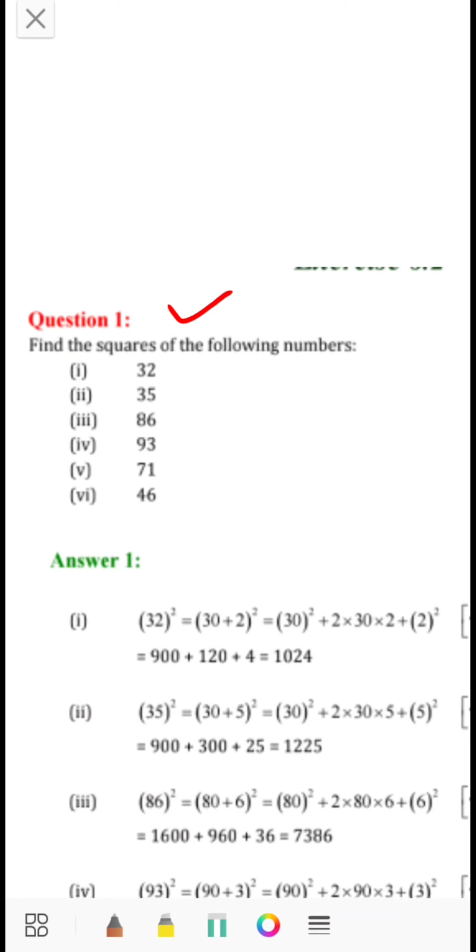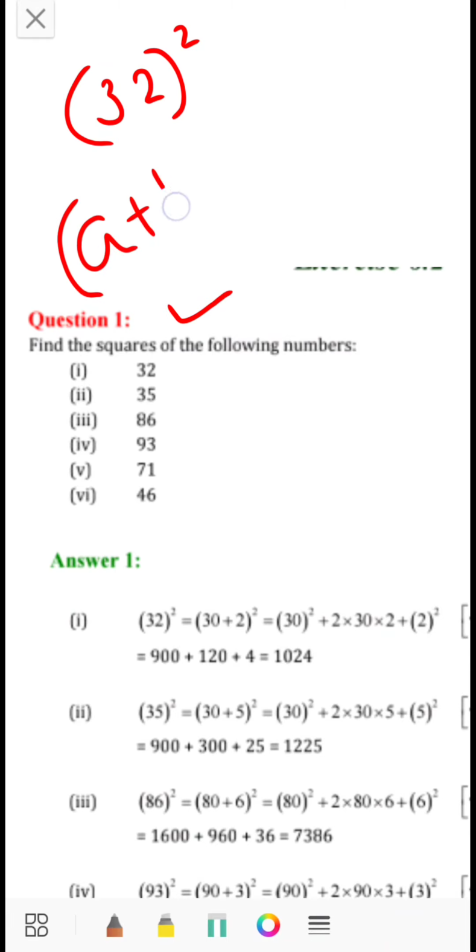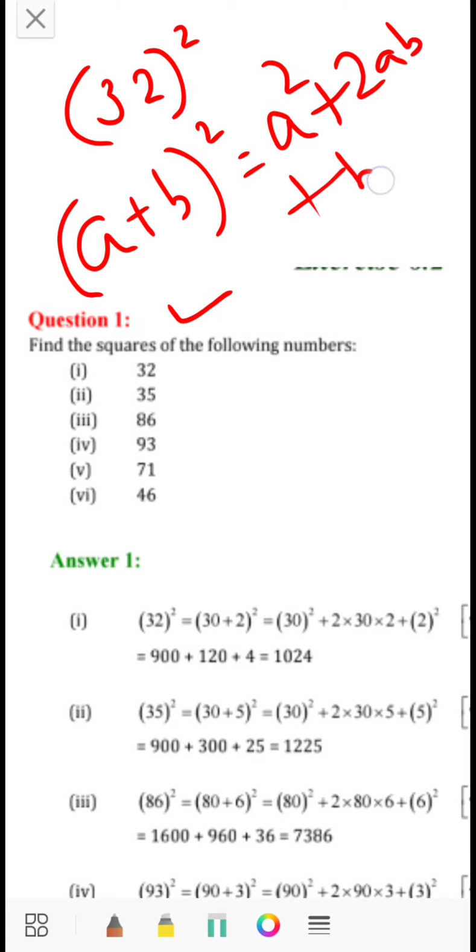Here you can see question 1. Find the squares of the following numbers. Here they have given the numbers. You have to find the squares of these numbers without actual multiplication. For this we will follow one identity, that is (a plus b) whole square is equal to a square plus 2ab plus b square.